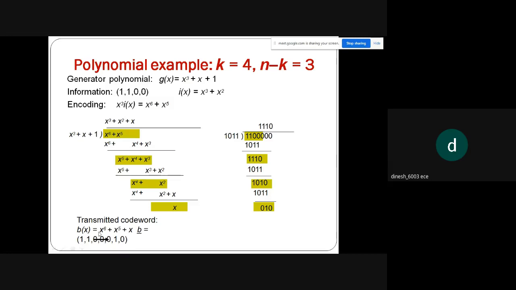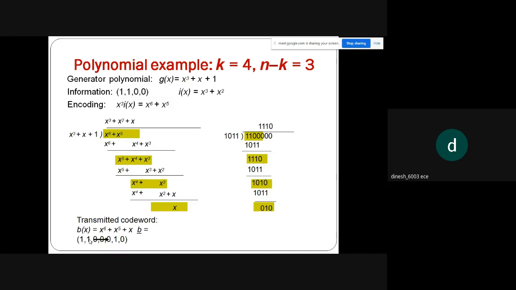This is your transmitted code word. This is how to determine a code word using your polynomials. We had seen different concepts in Shannon-Fano coding, how to determine a code word. We had seen how to determine code words in Huffman coding, and this is another method of determining code words, which includes your check bits.